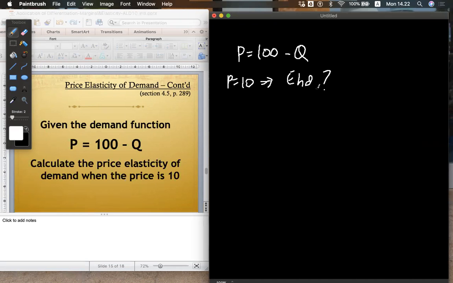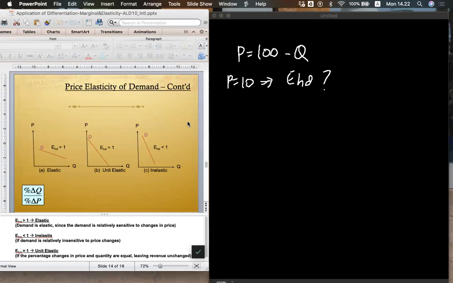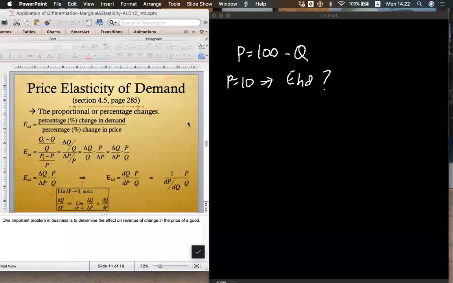Let's see the formula. This is the formula because we have P. I just want to show you both ways of solving, because this is a simple equation.